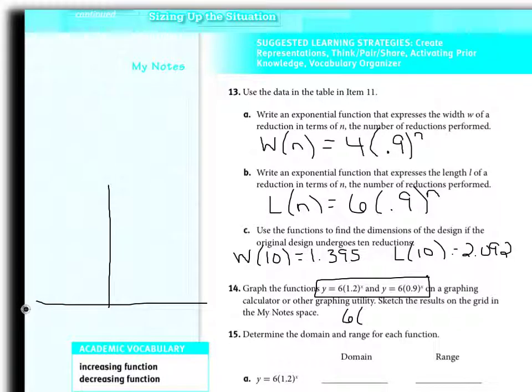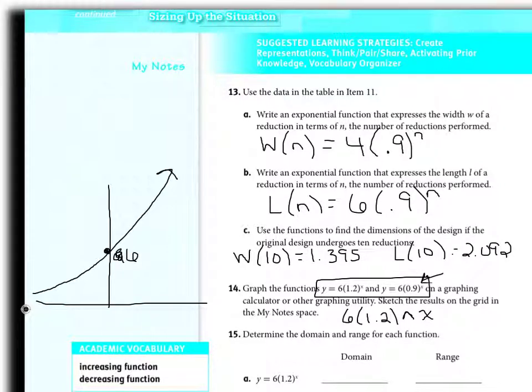You would do 6 times 1.2, and then you're going to press the up arrow or the caret button to get to the xth term. So the one that we had graphed before, if you look at it on the calculator, it's actually going to do something like this. Now notice before we did any magnifications, this was at 4, right? So our y-intercept was at 4. Oh, I'm sorry, on this one we're doing 6.